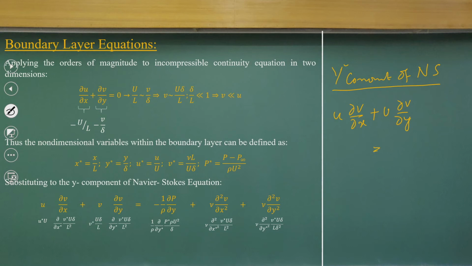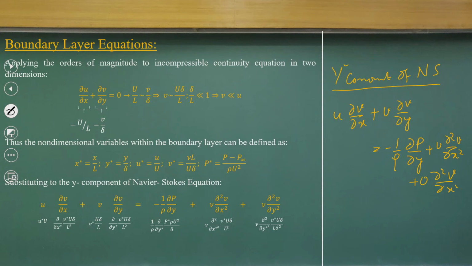This is the convective acceleration term, and rho we have taken to this side. Then the kinematic viscosity times the second derivatives of v with respect to x and y. So, this is the velocity in the y direction, and that is what we are looking at.